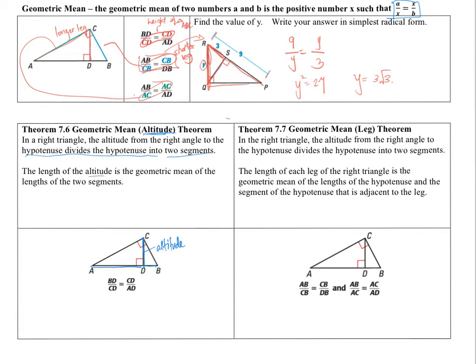And the length of the altitude would then be the geometric mean of the lengths of the two segments, AD and BD.